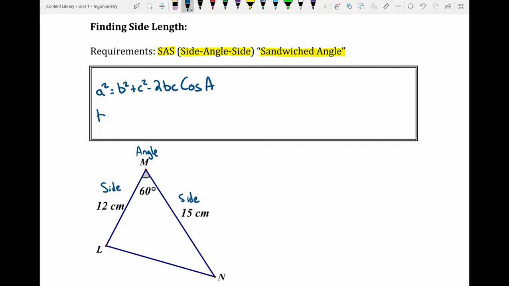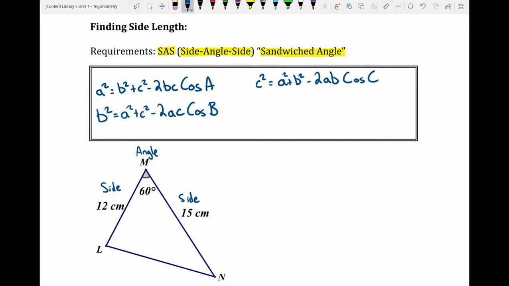The only difference is that I'm going to switch the angle or the side that I'm trying to find, for B. So now b squared will equal a squared plus c squared minus 2ac times cosine B. And if I'm trying to find that third side, now it becomes c squared equals a squared plus b squared minus 2ab times cosine C.